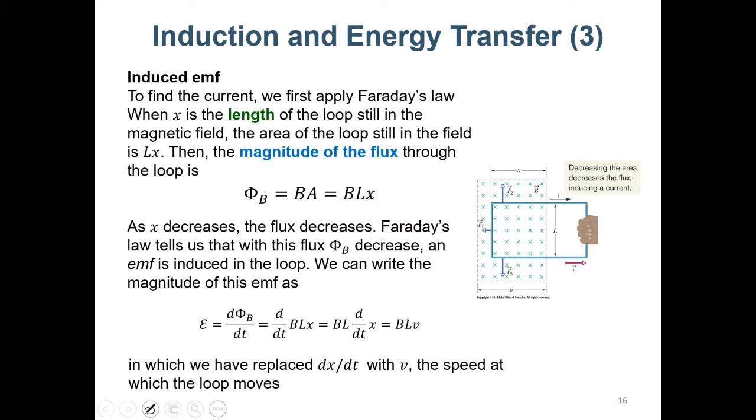So let's consider the magnetic flux. The magnetic flux across this loop, because it is uniform, is nothing but the magnetic field multiplied by the area. The area is L times x.